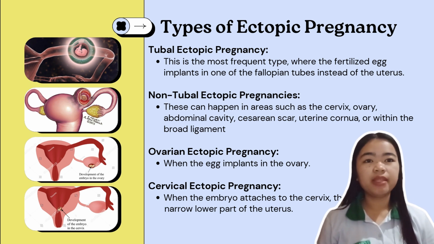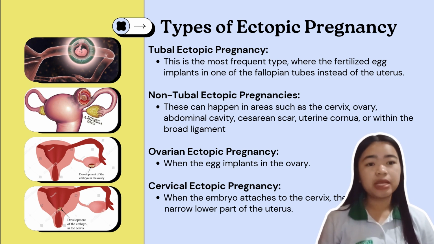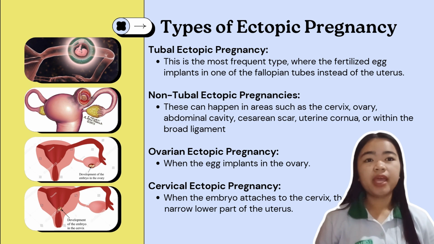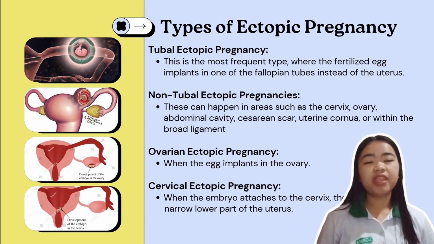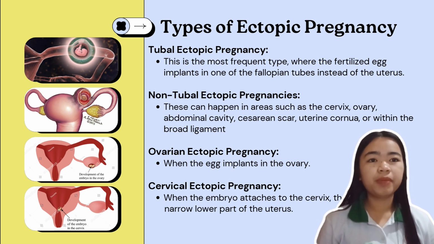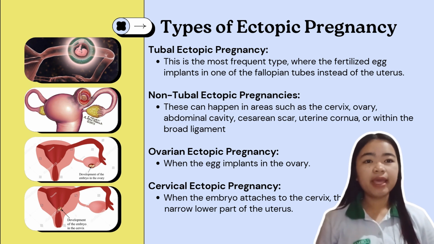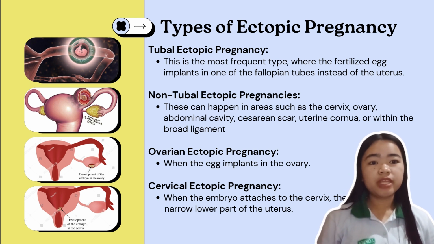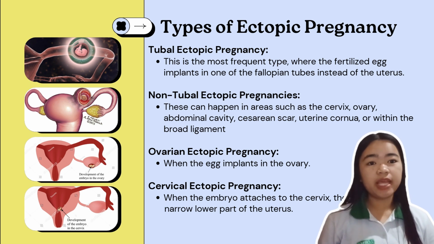This can happen in areas such as the cervix, ovary, abdominal cavity, cesarean scar, uterine cornua, and within the broad ligament. We also have the ovarian ectopic pregnancy, when the egg implants in the ovary.